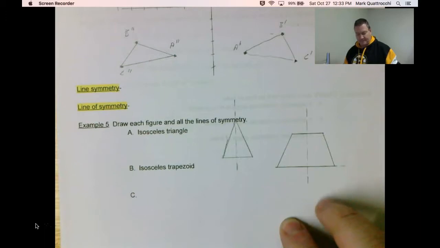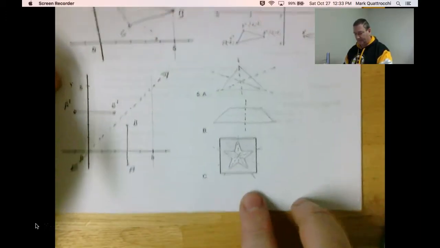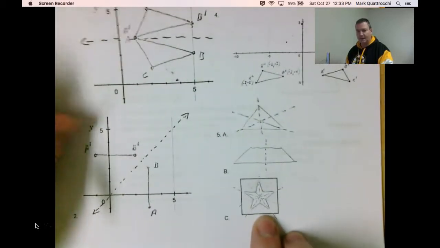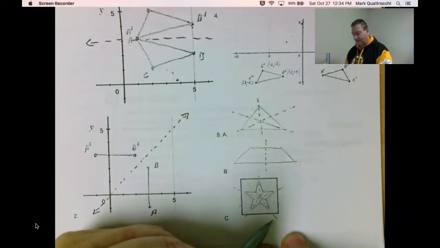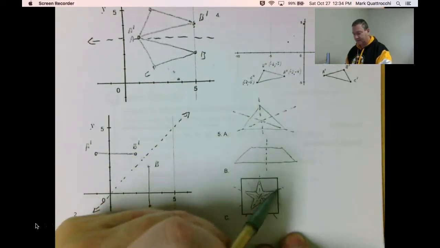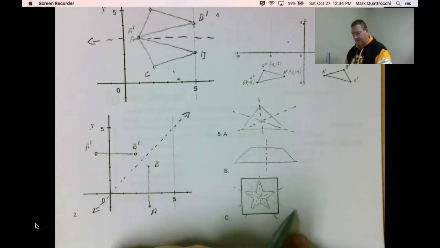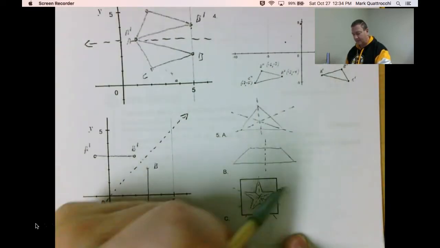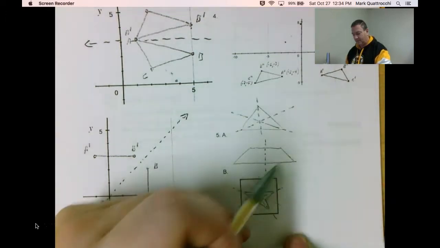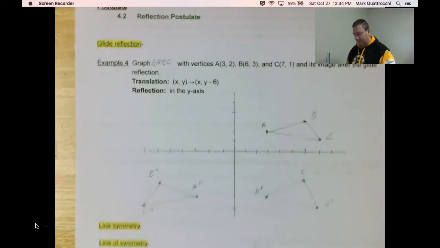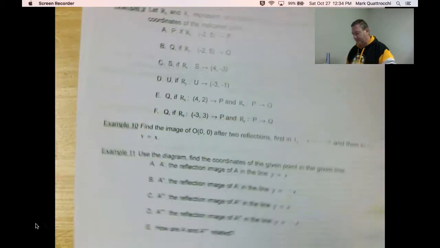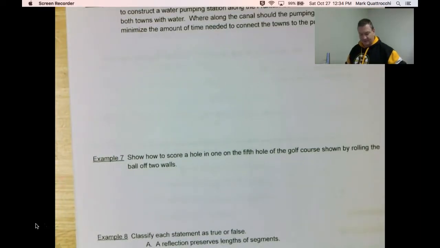It's right here. It's this star inside of a square. So there's a line of reflection through each of the vertices of this star. So 1, 2, 3, 4, 5. 5 lines of reflection through the star. That's example 5.